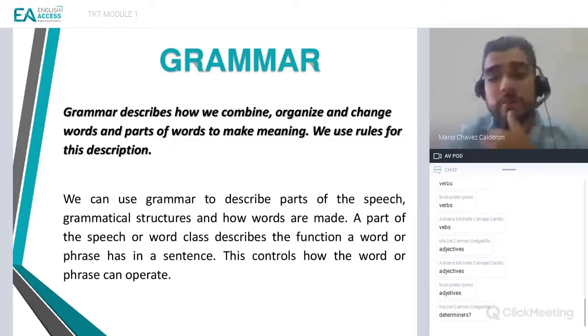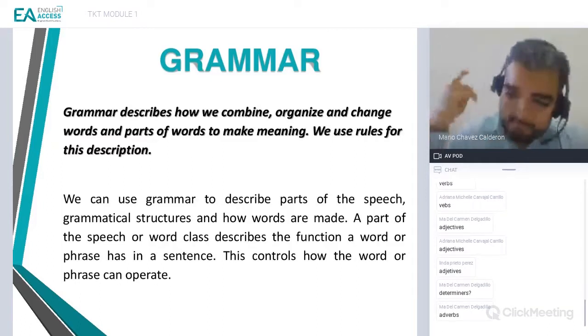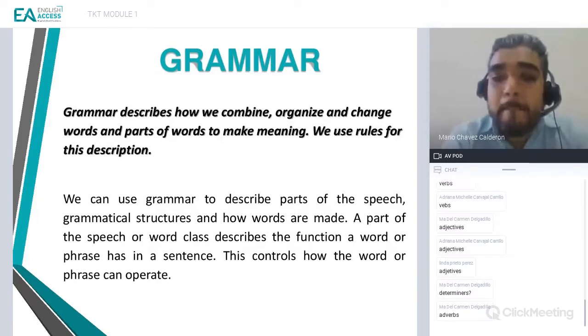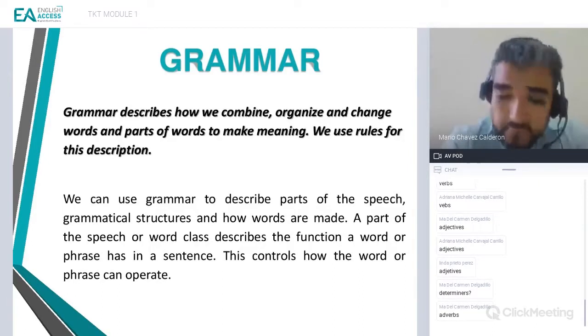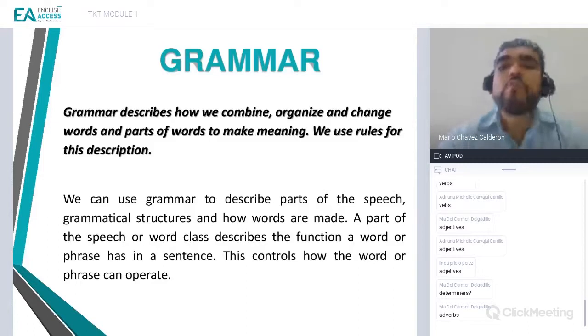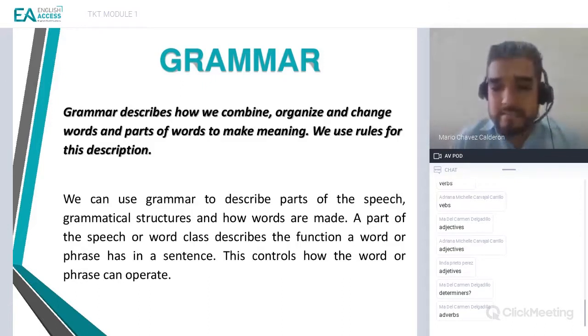The words that we use to describe the verbs? Yes, the adverbs. These are the words that we use to join, to link ideas, sentences, or phrases.